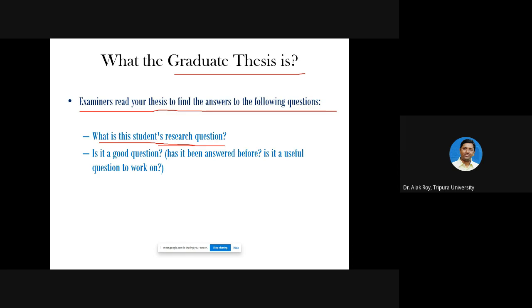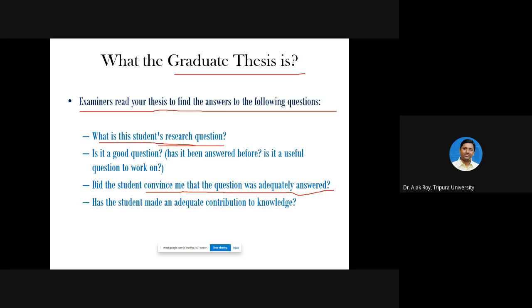Has it been answered before, or is it a useful question to work on? Then, did the student convince the examiner that the question was adequately answered? Has the student made an adequate contribution to knowledge, okay.